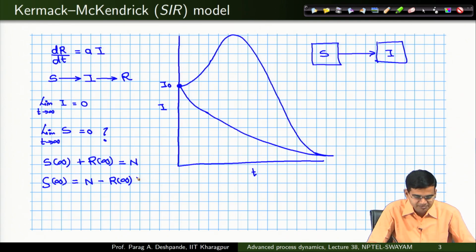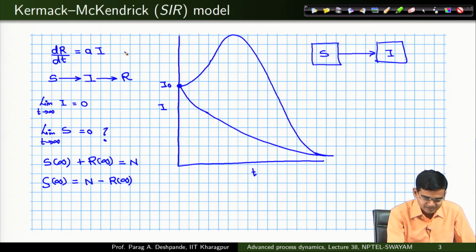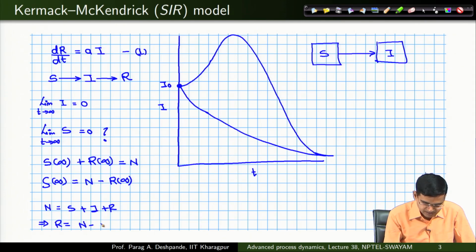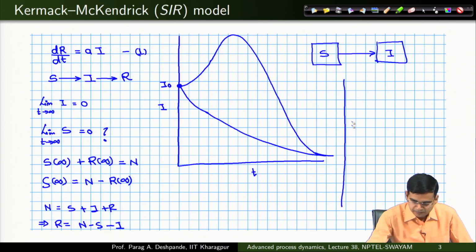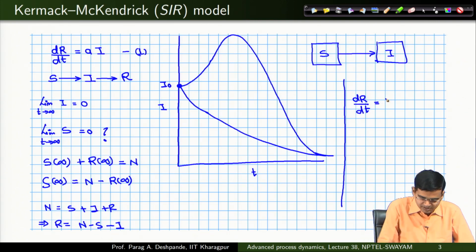Okay. And this can be obtained by this equation, n is equal to S plus I plus R, which means R is equal to n minus S minus I, from where I can write dR by dt is equal to, sorry, let me do one small change.